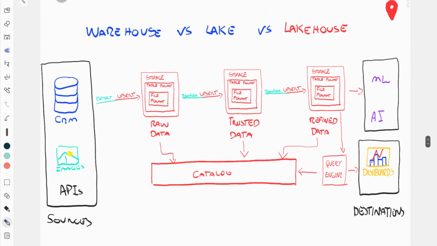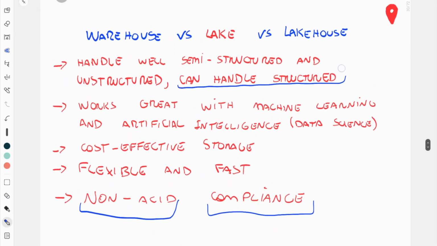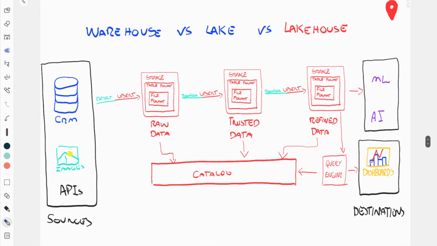So for our next iteration, and when I say our, I say data engineering iteration, because I didn't give this context, but it started with warehouse and went to data lake, and now upgraded, let's say, to Lakehouse, the data platform architectures.